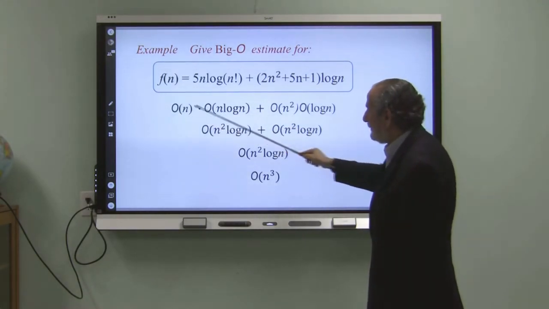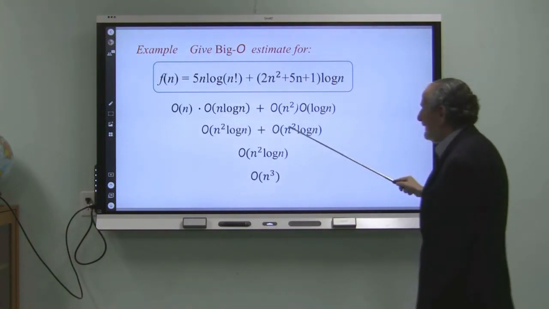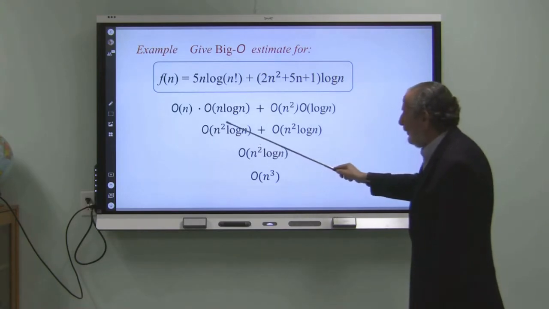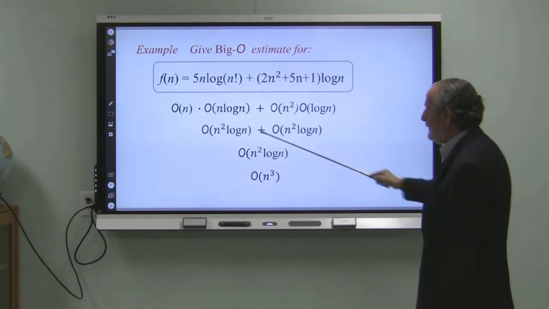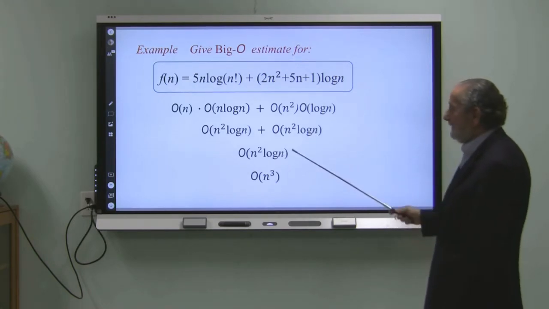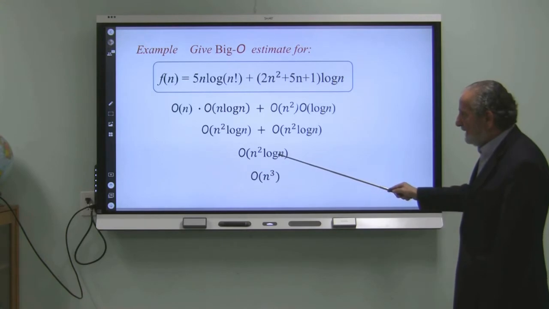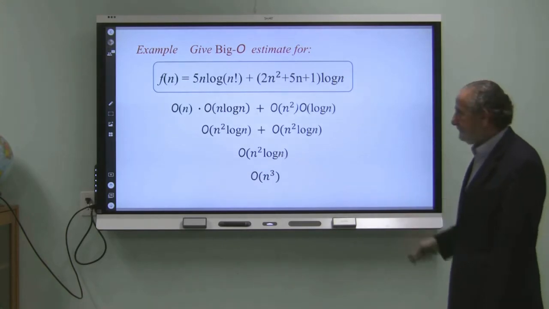Now you see, you multiply these two here, n times n is n squared. Now I have two functions. This one is big O n squared, and this one is big O n squared. When you add them, it is big O the same g, n squared log n. And if you want to do big O n cubed, that's fine because log n is big O n.